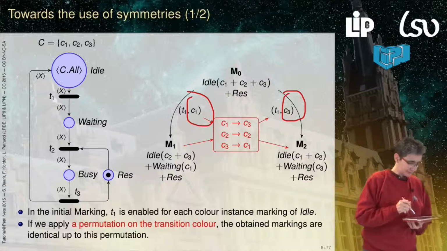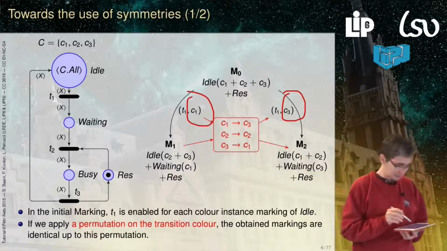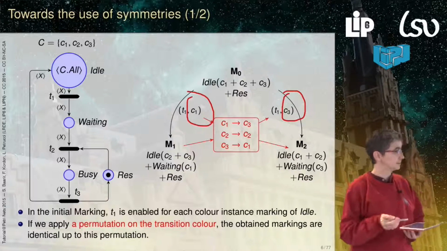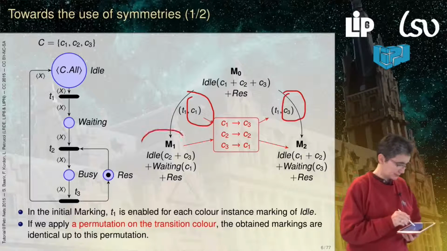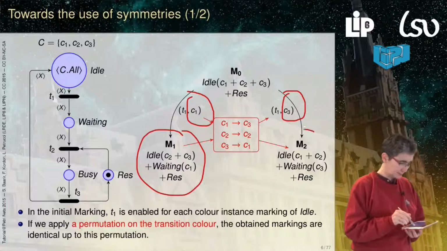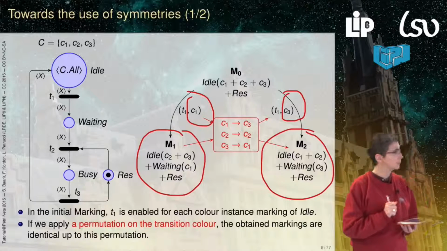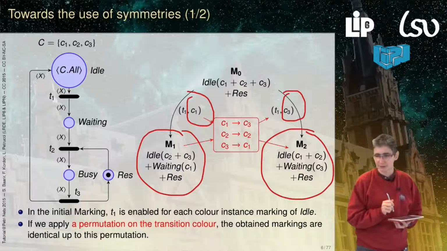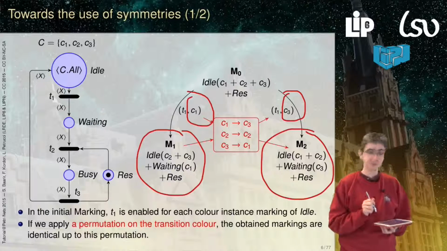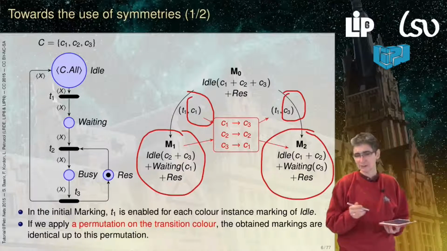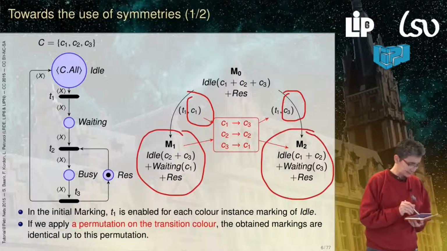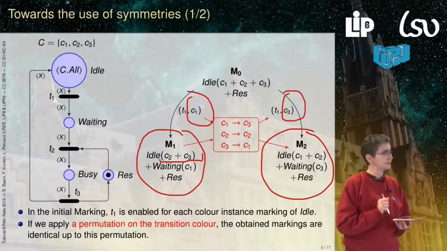And in fact, we can move from T1 C1 to T1 C3 just by replacing C1 by C3. And similarly, from marking M1, we can get marking M2 by doing the same operation, so replacing C1 by C3 and replacing C3 by C1 and leaving C2 as C2. If you do that element by element, you see that idle contained here C2 and C3.